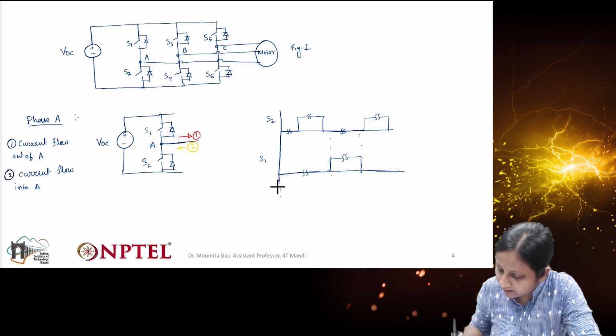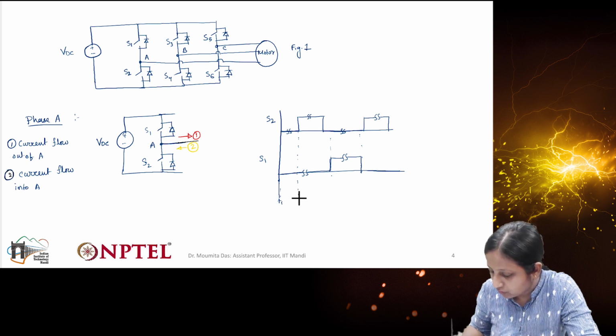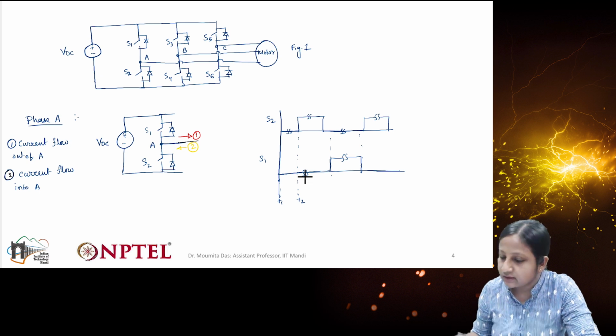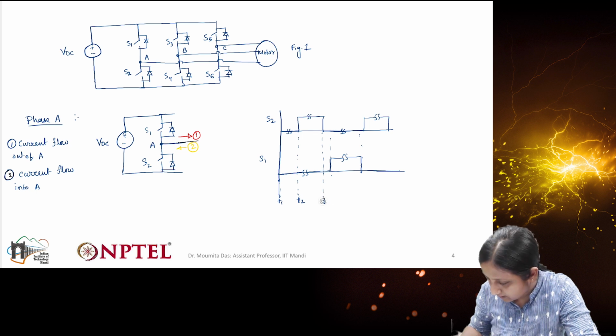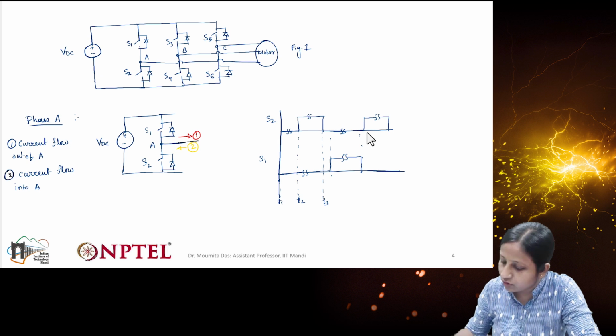Let's consider this in different time steps. T1 to T2 is the dead time. Then T2 to T3, in this time the switch S2 is on.